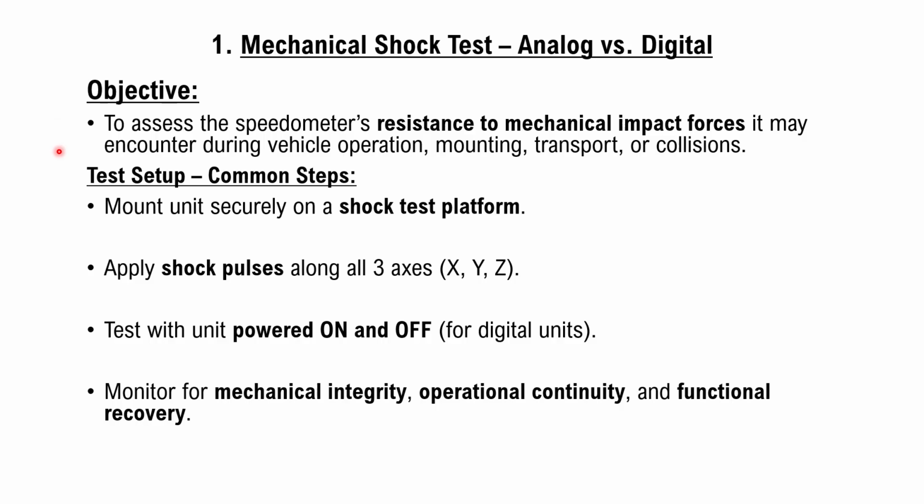The test setup is: mount the speedometer unit securely on a shock test platform. Apply shock pulses along three axes, that is X, Y, and Z. Test with power on or off for digital units. Monitor for mechanical integrity, operational continuity, and functional recovery.